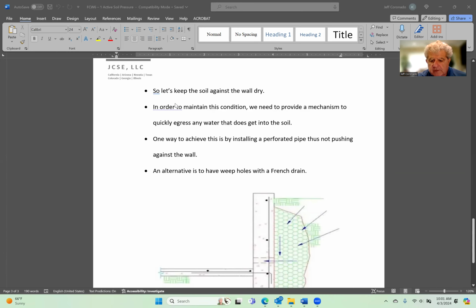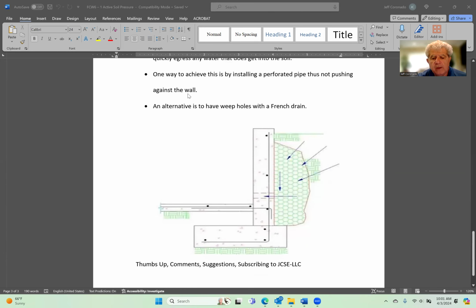An alternative is to have weep holes with a French drain. So an alternative to the perforated pipe is to just drill holes in the concrete stem.